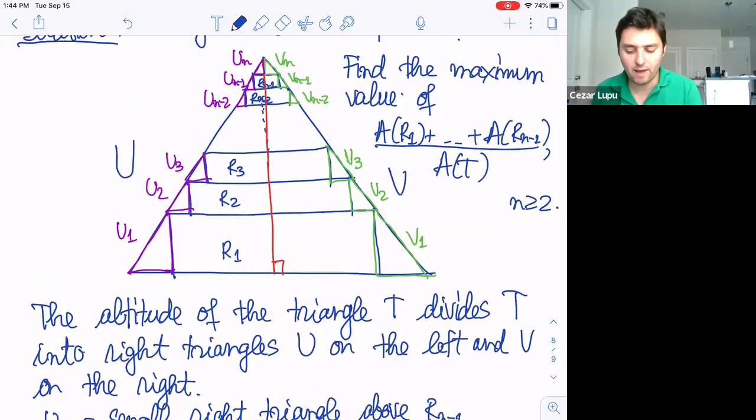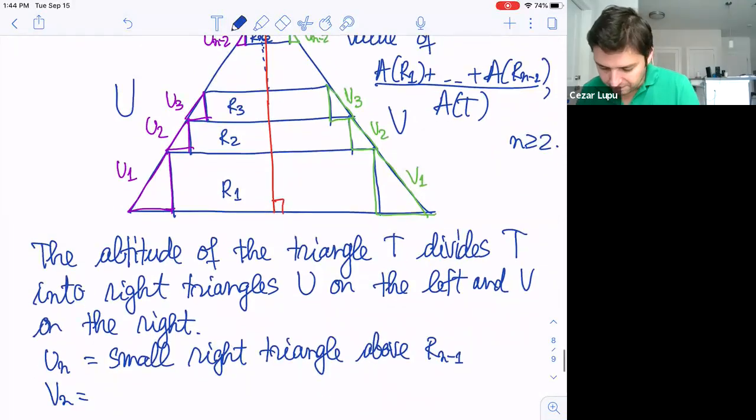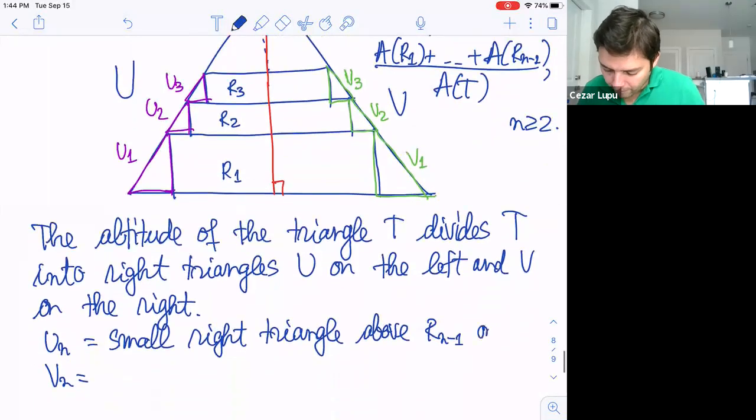Un is on the left and Vn is on the right. On the left, let's say.